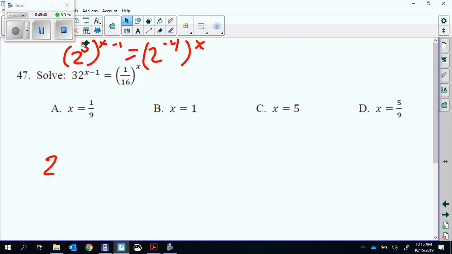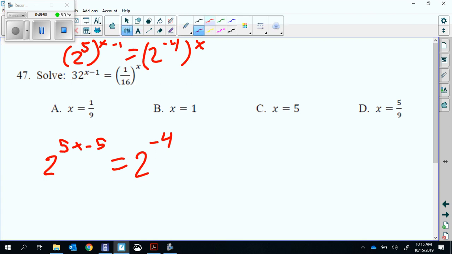So 5x minus 5 equals negative 4x. So let's get our x's together.